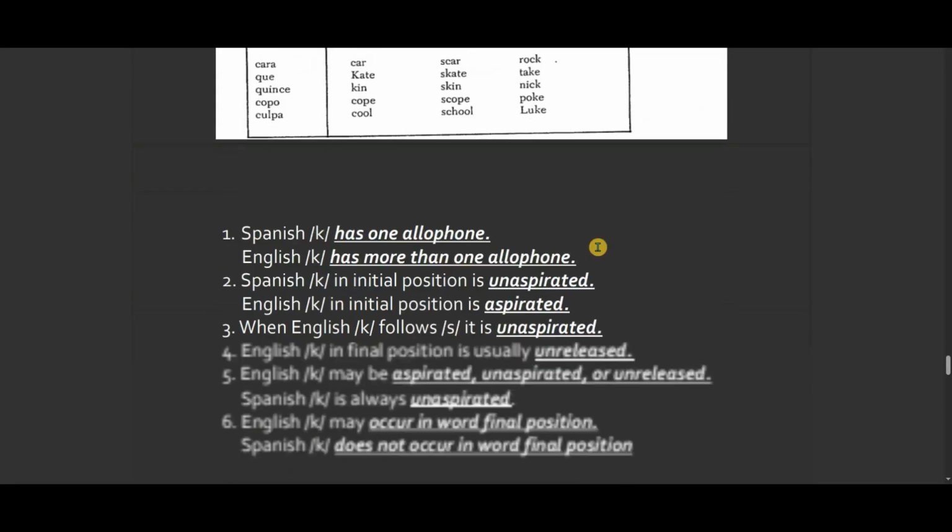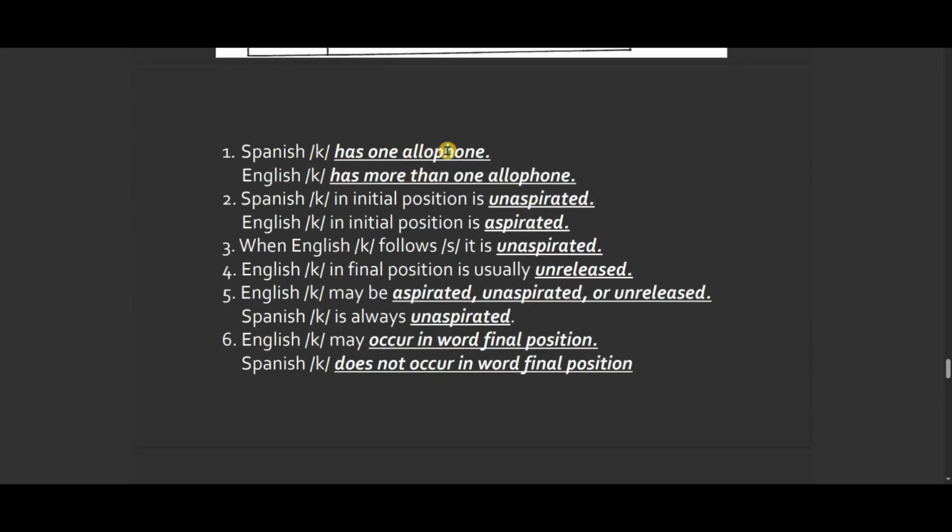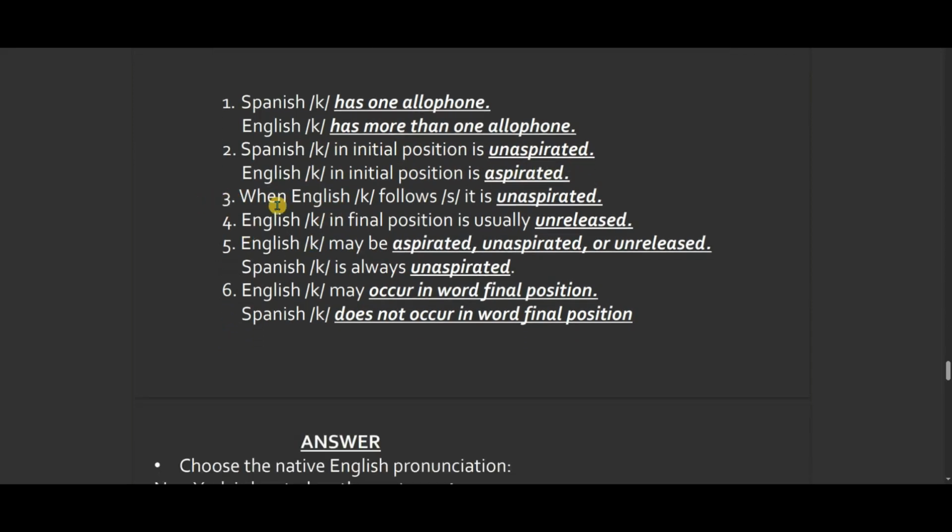Knowing this, we can tell that Spanish K has one allophone and that English K has more than one allophone. Spanish K in initial position is unaspirated, and English K in initial position is aspirated. Number 3, when English K follows S, it is unaspirated.